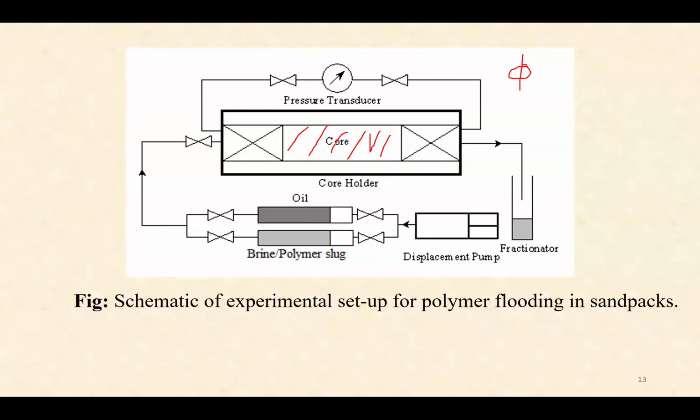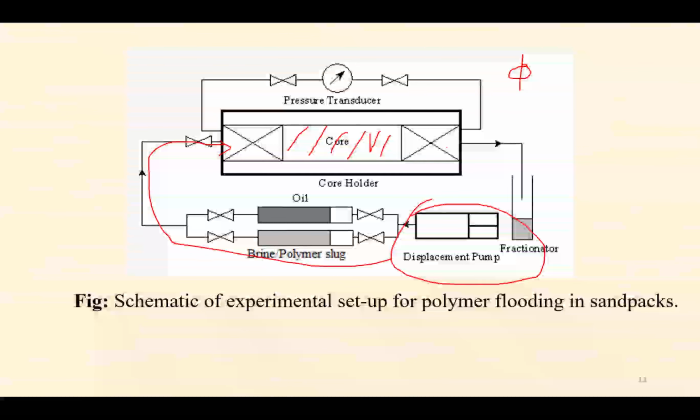And then you put the core here, and this is a typical syringe pump. Then we inject the brine and collect the brine from here, and there is a pressure transducer or pressure gauge.